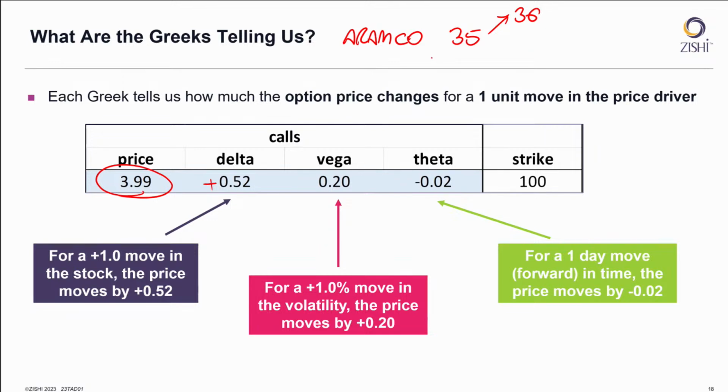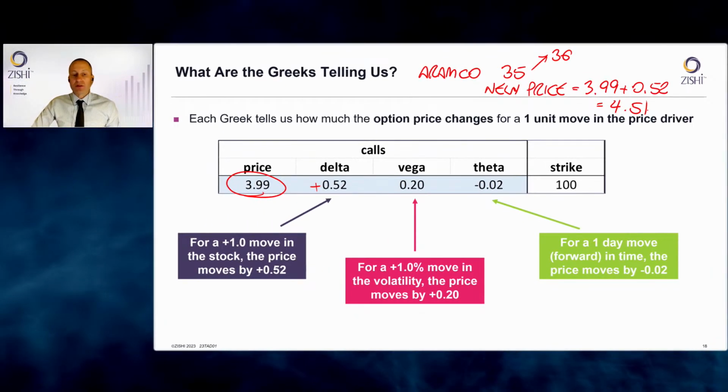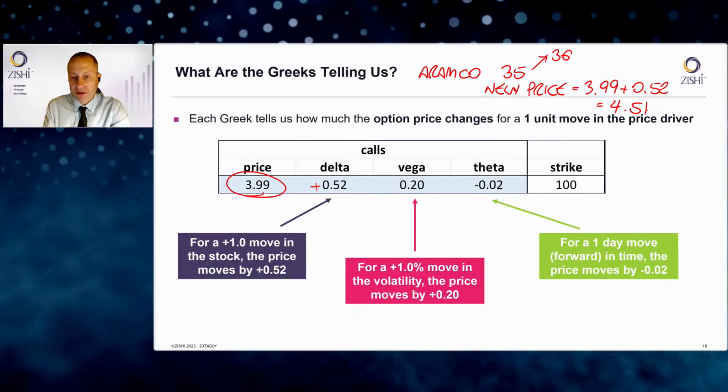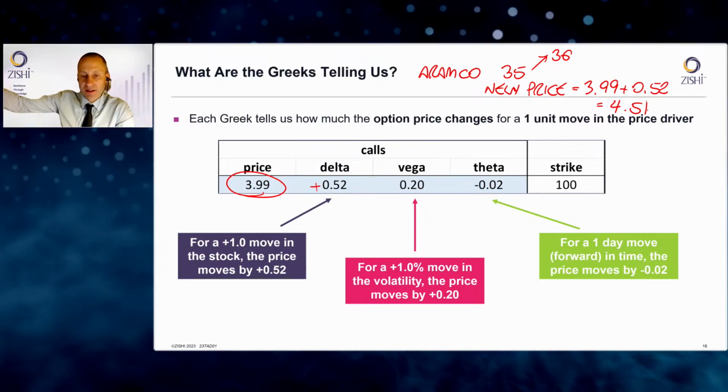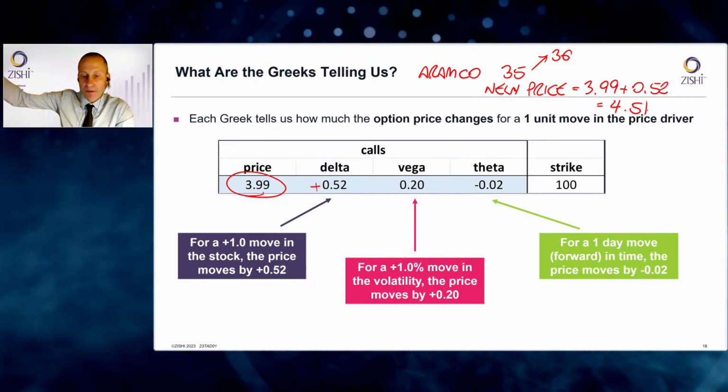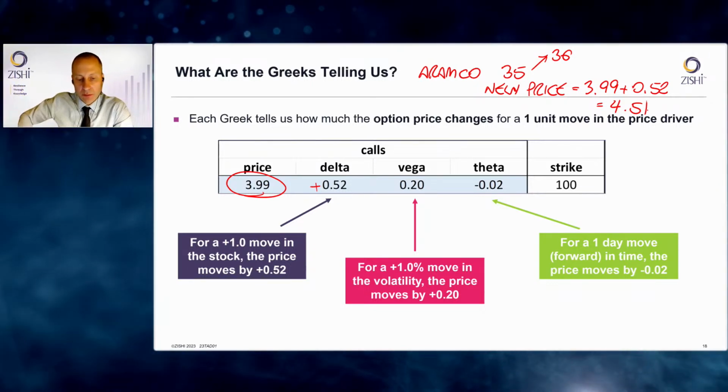So, writing this up at the top, the new price will be 3.99 plus 0.52, which is 4.51. So our new 100 call price in the world where the stock has gone up by 1 is 4.51 per share.